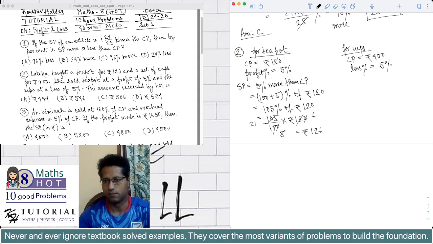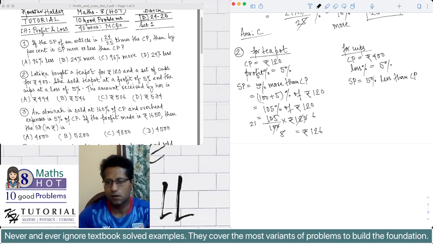Let's calculate the selling price for the cups. So we have a loss of 5%. So the selling price is 5% less than CP. 5% less means 100 minus 5% of CP, and CP is rupees 400.